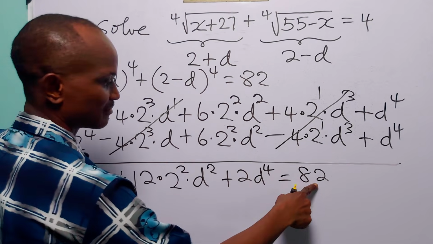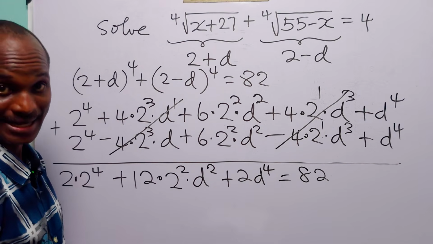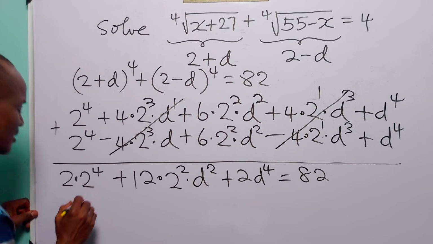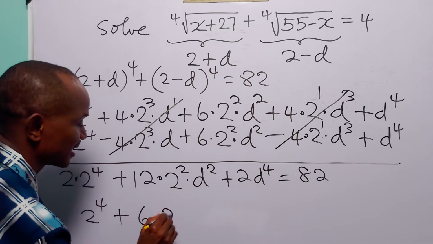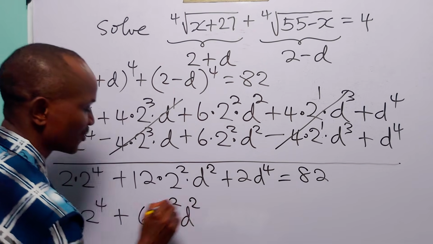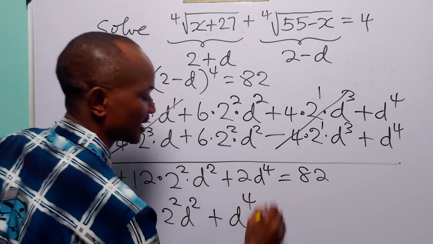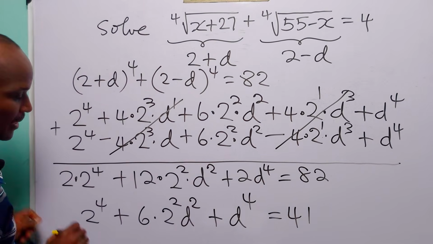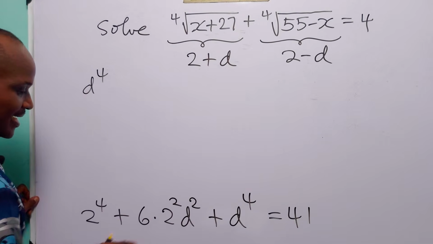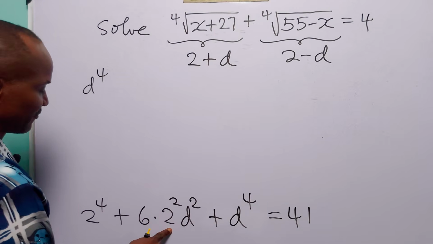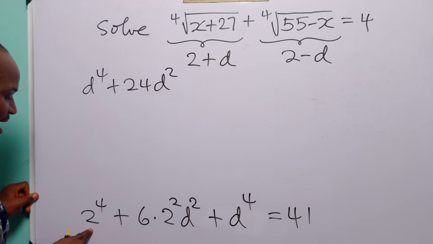Now, these terms are all multiples of 2, so let us divide through the equation by 2. Here we have 2 to the power 4 plus 6 times 2 squared d squared plus d to the power 4. This is equal to 41. And from here we have d to the power 4. 6 times 4 is 24, so plus 24d squared.